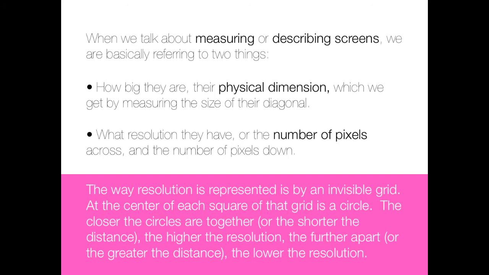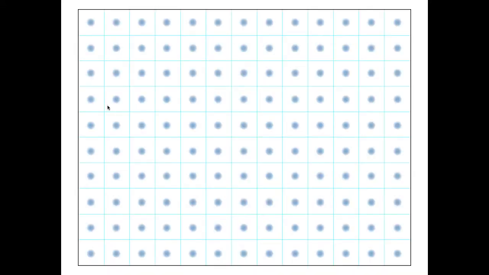The way resolution is represented is by an invisible grid. At the center of each square of that grid is a circle. The closer the circles are together, or the shorter the distance, the higher the resolution. The further apart, or the greater the distance, the lower the resolution. And this is the invisible grid, with each dot or circle being a pixel.